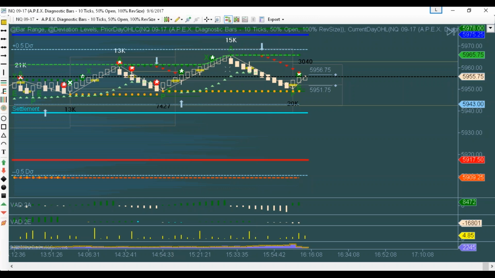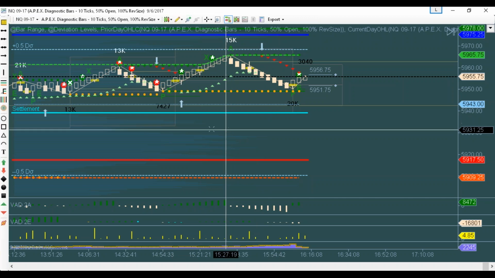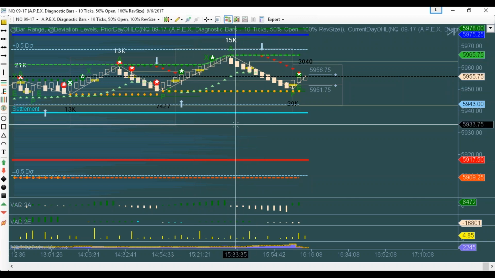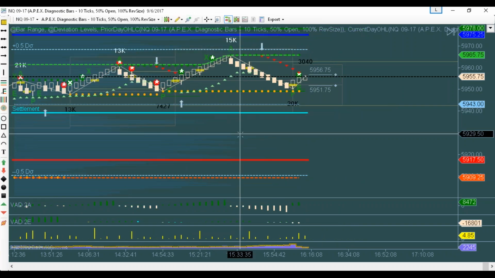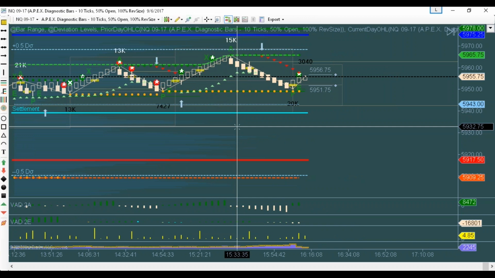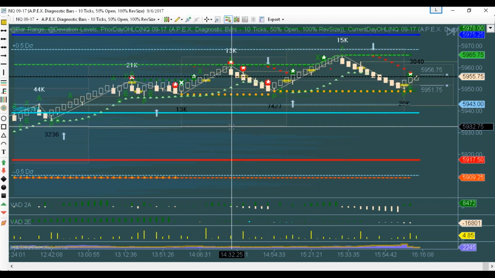But you want to add something to it, or you want to take something off of it. Okay, and you're like, I don't want this, or I want this, or I want to change whatever it may be. I don't like this color. Okay, well, but you don't want to have to do that every single day, right? You don't want to, every day you open your charts, change something around.